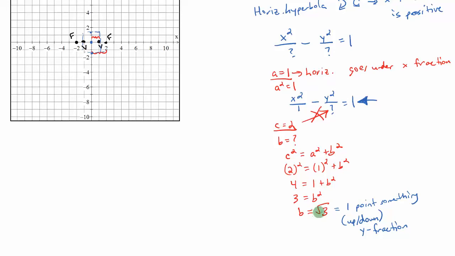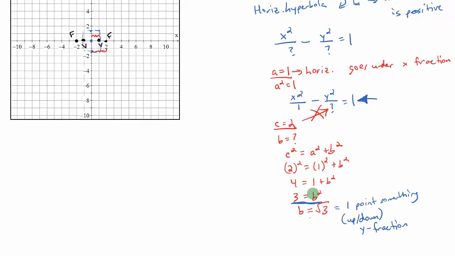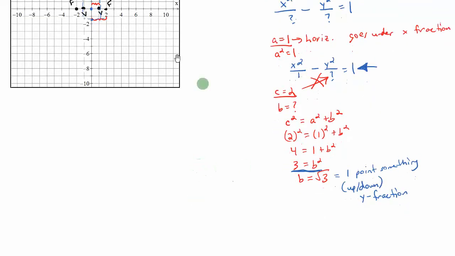But again, before I put this number into my equation, I have to square it. So if I square both sides, I get b squared equals 3. And we already knew that b squared equals 3. I need the squared version in my equation. So I end up with x squared over 1 minus y squared over 3 equals 1. And that is my equation for that hyperbola.